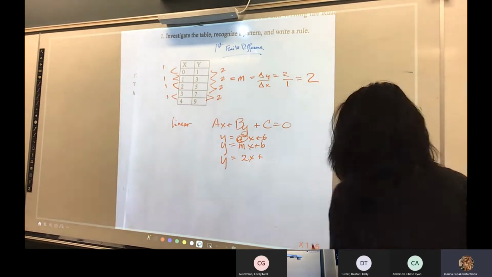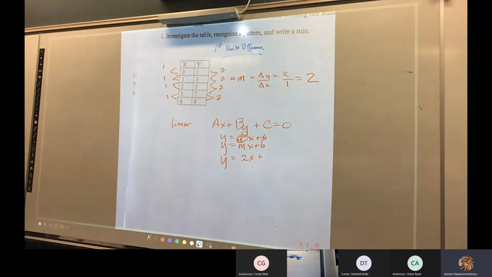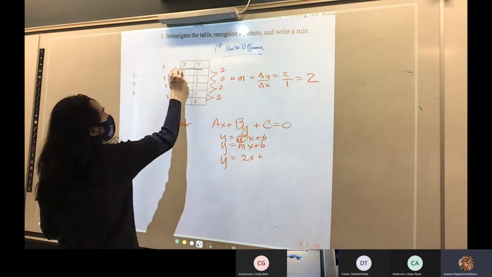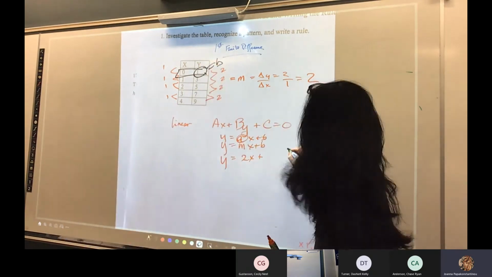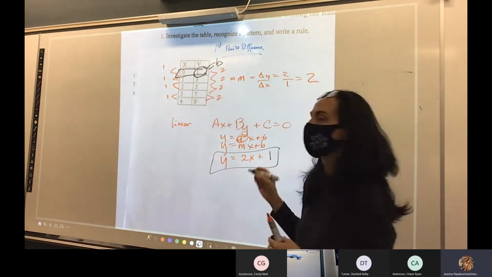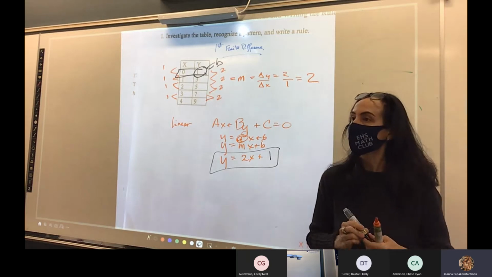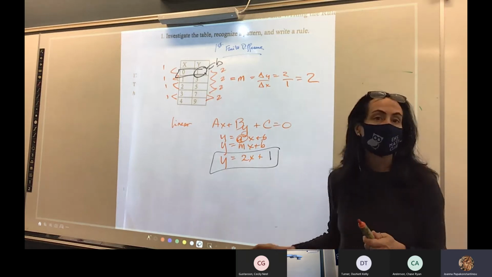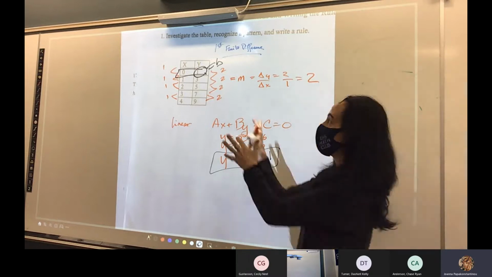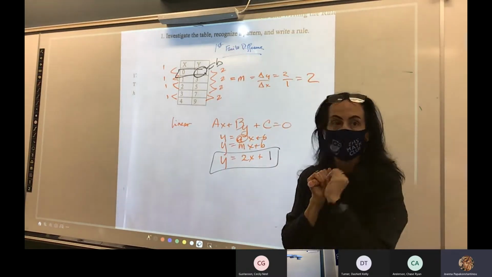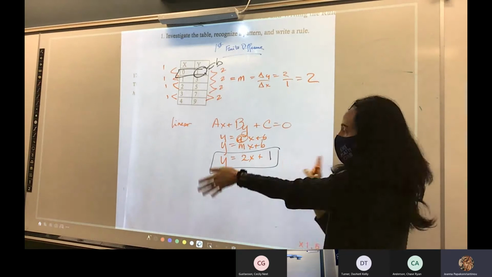When x equals 0, my output when my input is 0 is b, my constant. So there's the equation of this line. So given a table of values, hopefully your first instinct is to check if it's a function, and the second is to do the first finite difference. If it's constant, it's linear, write me the rule.